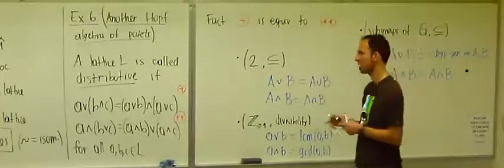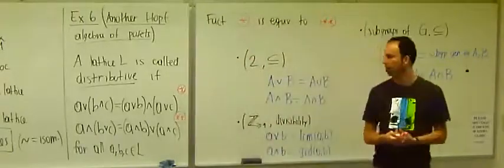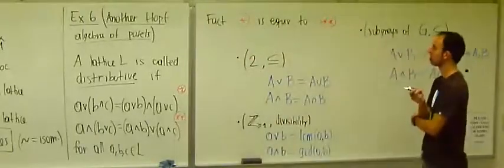Okay? And so if you want to check that something is distributive, you can do either one or the other one, and you're going to be fine. Okay?